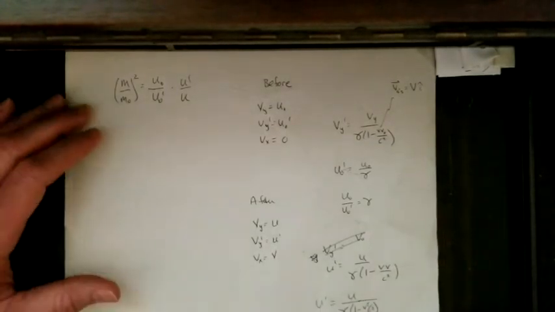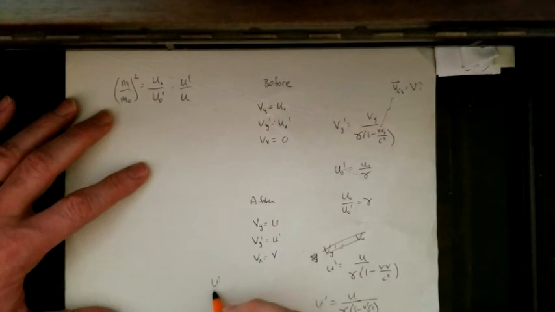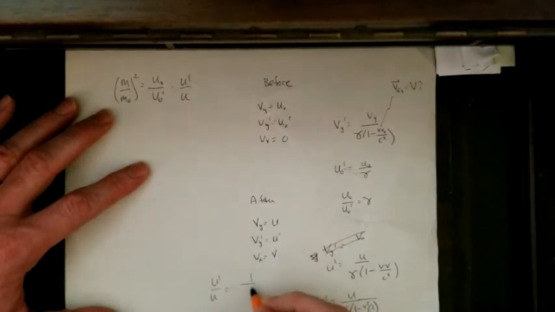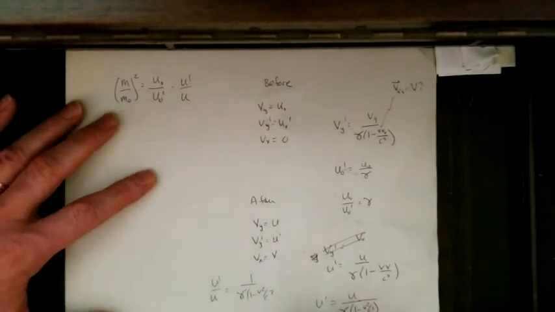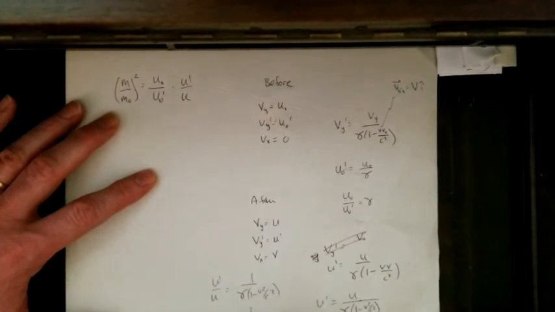That's u prime. And therefore u prime over u is 1 over gamma times 1 minus v squared over c squared. Gamma is 1 over the square root of 1 minus v squared over c squared.